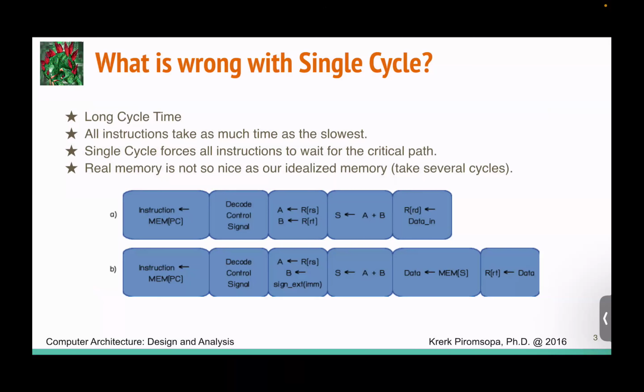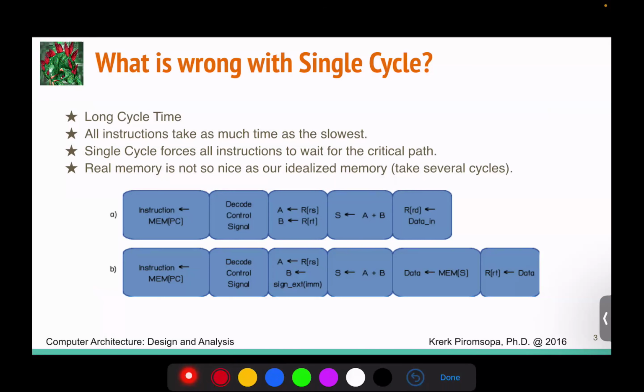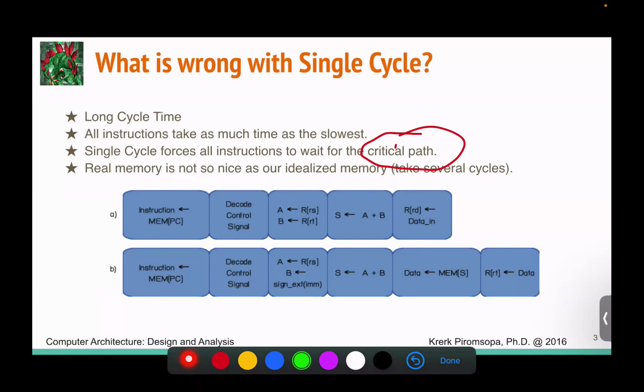If you remember last few slides from last week, we talked about one thing that we call the critical path. Okay, can anybody remind me what is critical path? The slowest instruction, right?